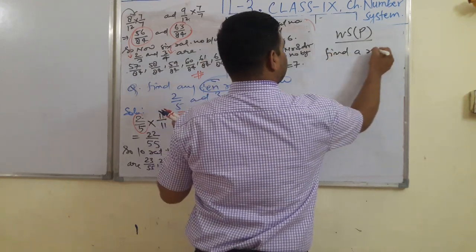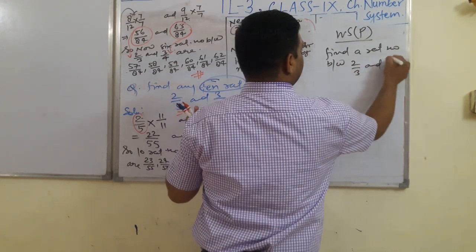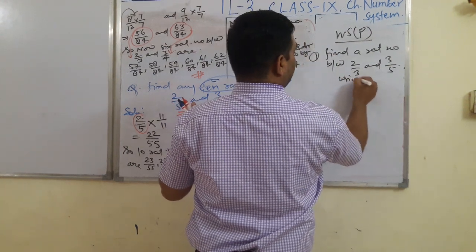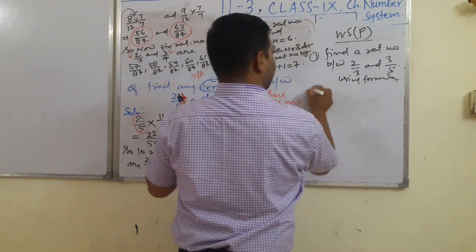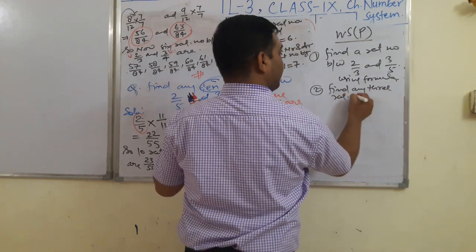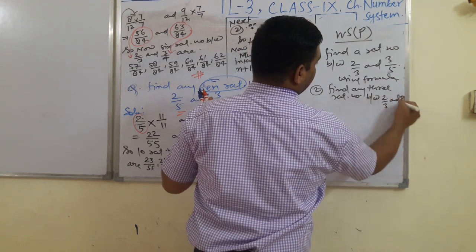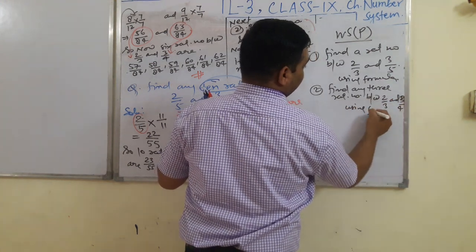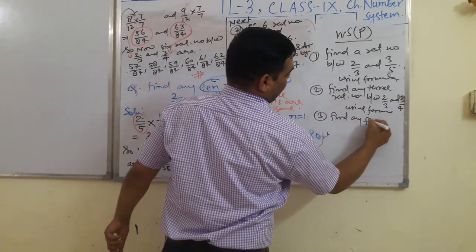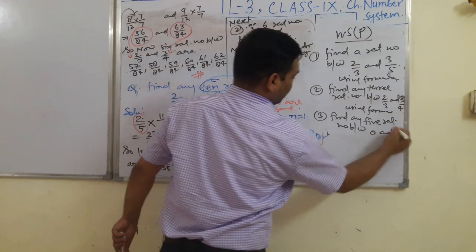Find a rational number between 2 by 3 and 3 by 5 using the formula. Next question, find any three rational numbers between 2 by 3 and 3 by 4 using the formula. Third, find any 5 rational numbers between 0 and 2.